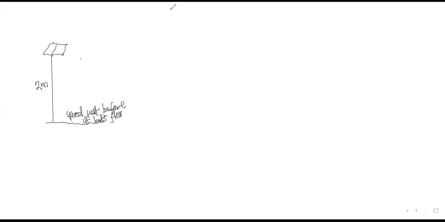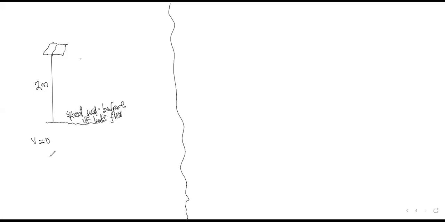This is crucial because when the book hits the floor, the final velocity becomes 0. So usually in determining the speed, we are looking at the speed just before the book hits the floor.